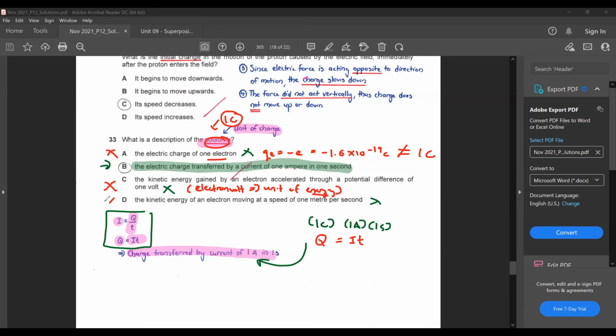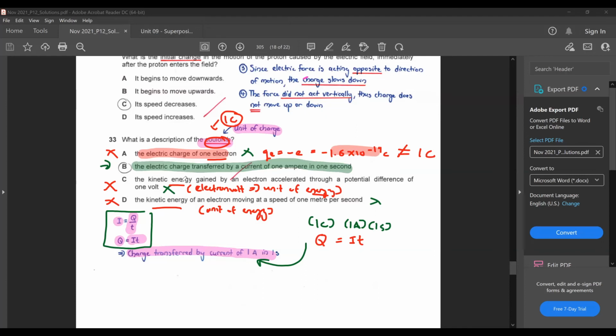And then after that, D is also out. Kinetic energy of an electron moving at the speed of 1 meter per second is actually talking about energy. So D is also out. All right. So to summarize, A is wrong because charge of an electron is not 1 coulomb, it is 1.6 times 10 power minus 19 coulomb.